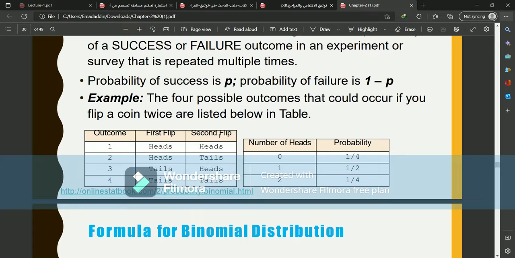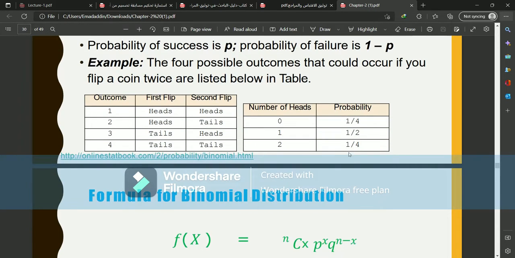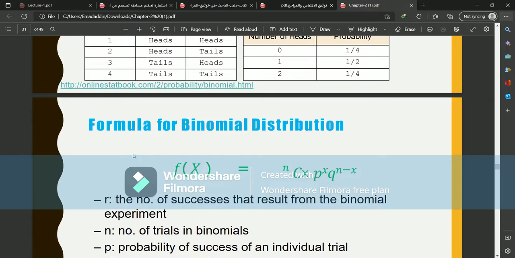The second flip: heads, tails, heads, tails. Number of heads: 0, probability 1/4; 1, probability 1/2; and 2, probability 1/4.